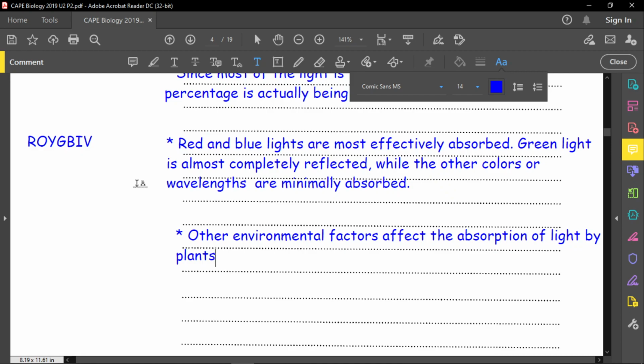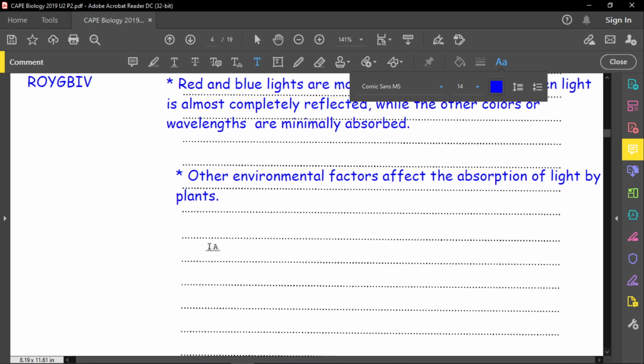All right, so other environmental factors affect the absorption of light by plants. That's very important to also note. Let's talk about two examples of these environmental factors.